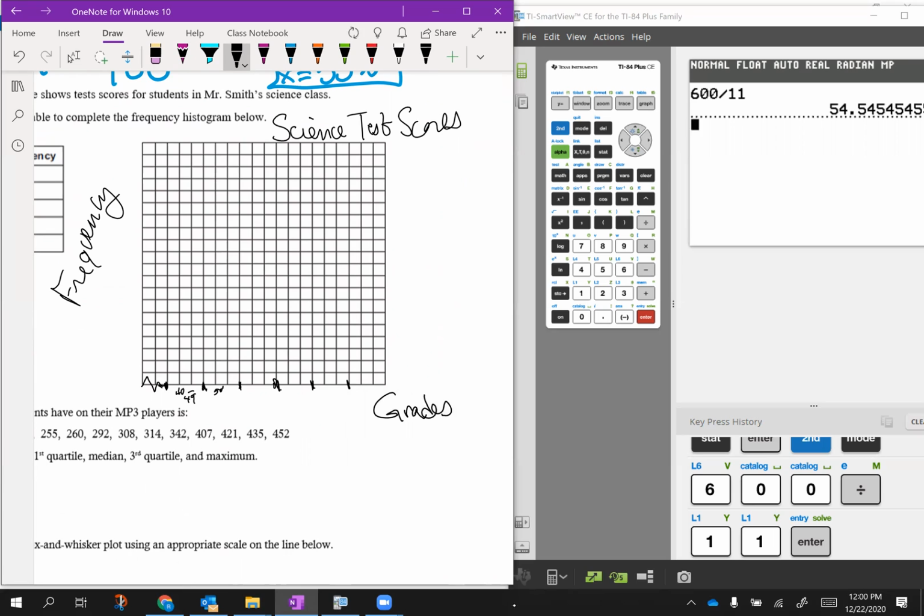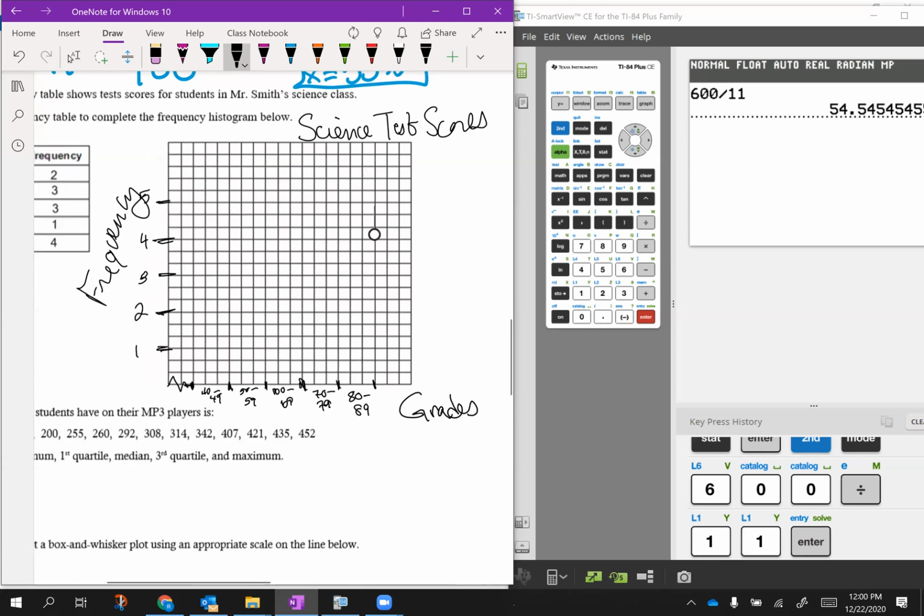Second one, 50 to 59. 60 to 69, 70 to 79, and 80 to 89. You can make your spacing as much as you want or as little as you want. So I'll just count by 3s again. 1, 2, 3, 4, 5 for the frequency.